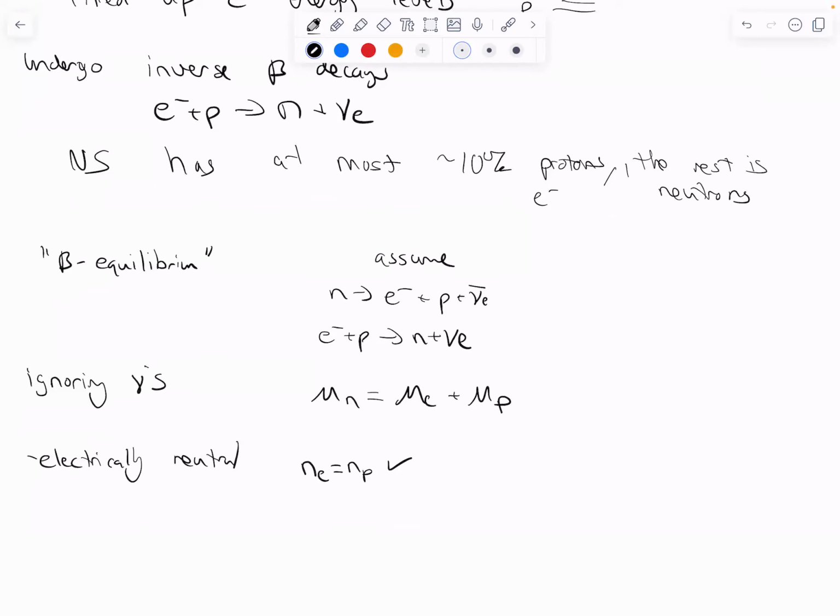You would just have to always make sure that, more generically, your number of leptons is equal to your net charge of hadrons. And if you think of things like quarks, that's a little bit non-trivial because an up quark carries plus 2/3 charge, a down quark carries minus 1/3 charge. So you have to counterbalance that electric charge between those guys.